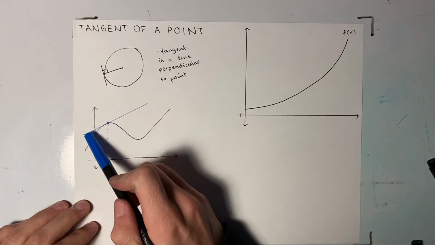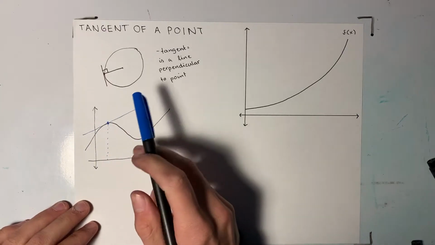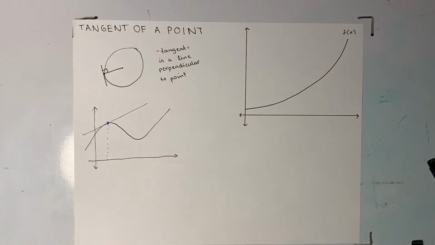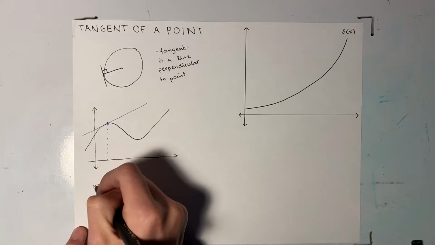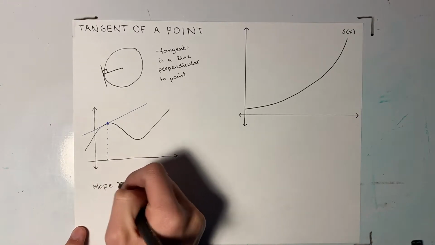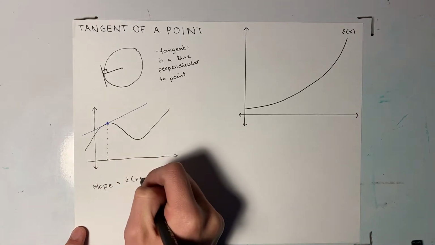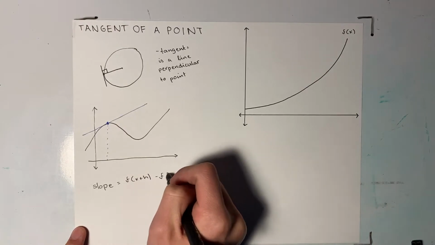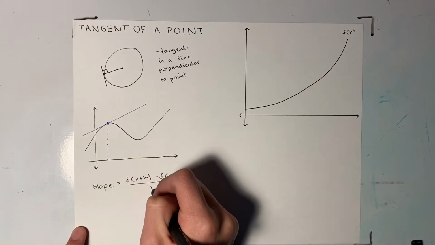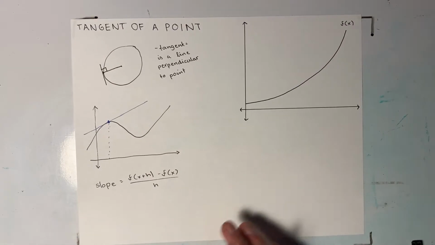So the derivative is what tells us the slope of this line, which is the slope at that point. So we know from before that the slope is equal to f of x plus h minus f of x all divided by h, right?